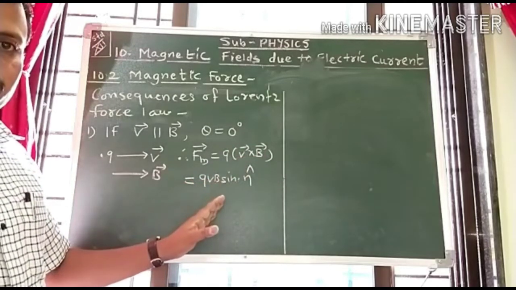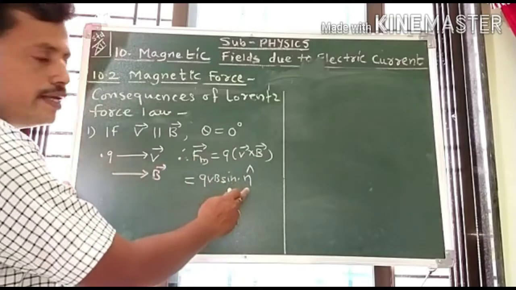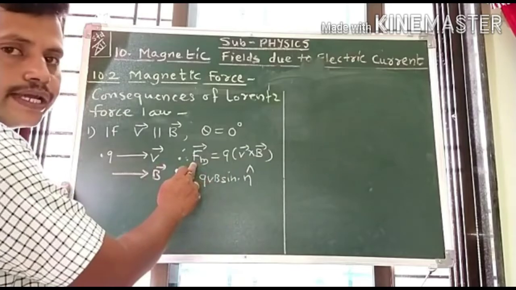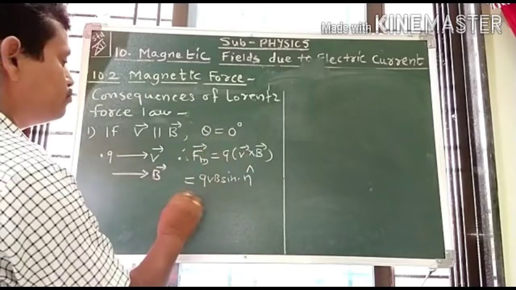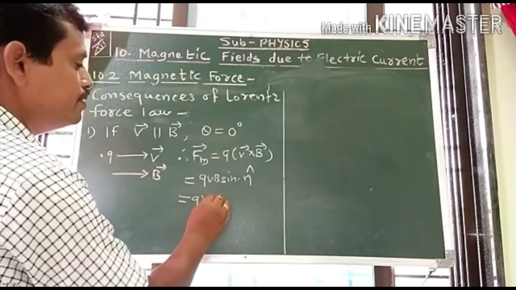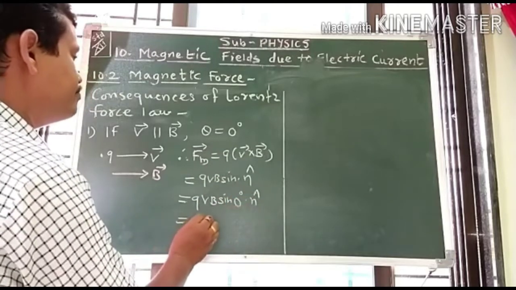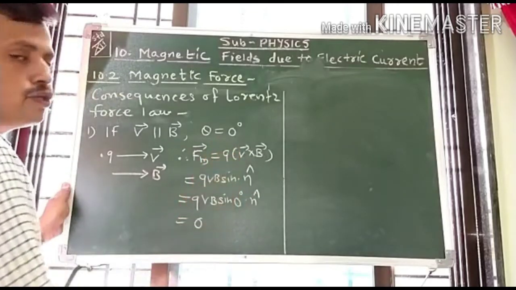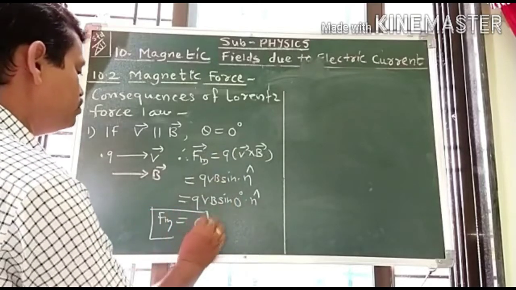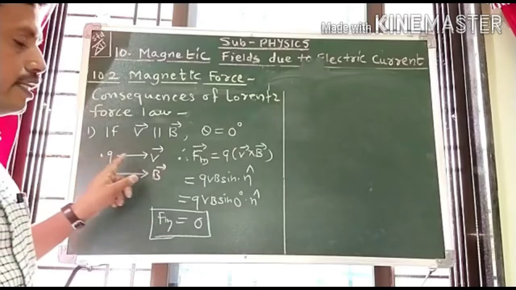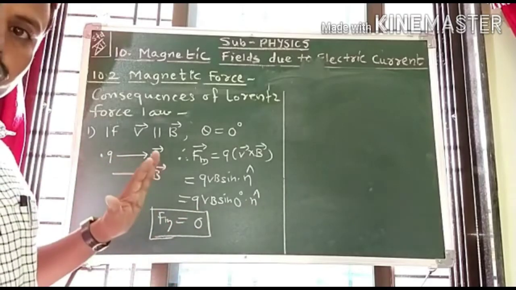Here we have used the definition of the cross product, and n cap is the unit vector in the direction of vector Fm. Now as the angle theta is equal to 0 degrees, this can be written as Q v B sine 0 degrees into n cap, and this is equal to 0 since sine 0 is equal to 0. Thus the magnetic force acting on a charge moving in a direction parallel to the external magnetic field is always equal to 0.